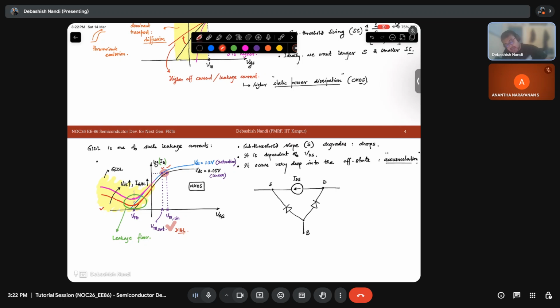So what are the currents? This is ID. This is IS. This is IB. Notations are like that. And these currents are, let's say, IBD and IBS. Do you understand this diagram?